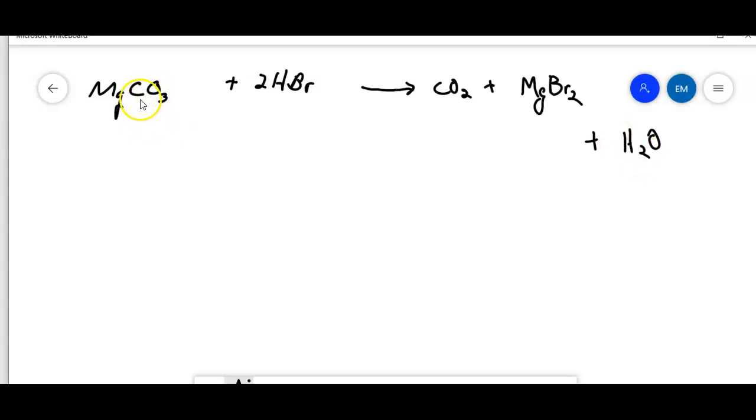And the carbon dioxide, one carbon here, 3 oxygens, 2 and 3 oxygens. So it looks like we're done. Let's look at this one more time, just to make sure. Magnesium, 1 carbon, 3 oxygens, 2, 3 oxygens, and 2 hydrogens, 2 bromines. So we're done with that.